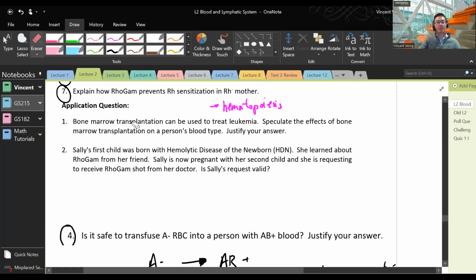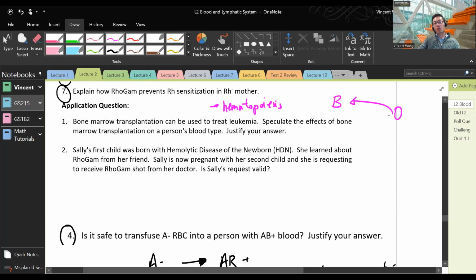So if you receive a bone marrow transplant from another person that is compatible with you, then it's possible that your blood type will change. Let's say you are a type B person, and then you receive a bone marrow transplant from a type O person.